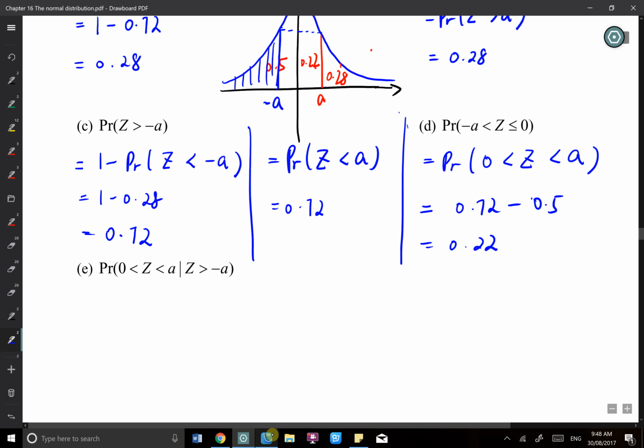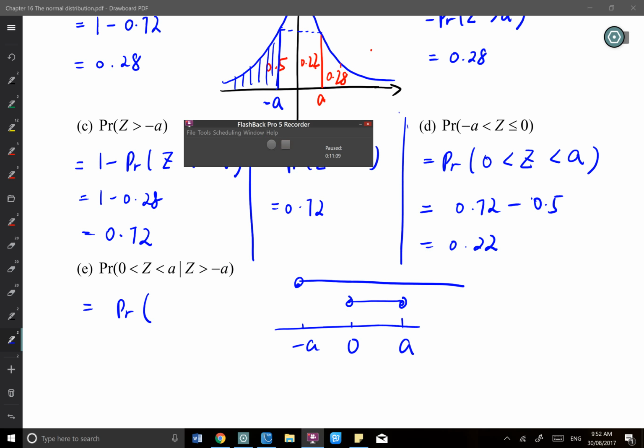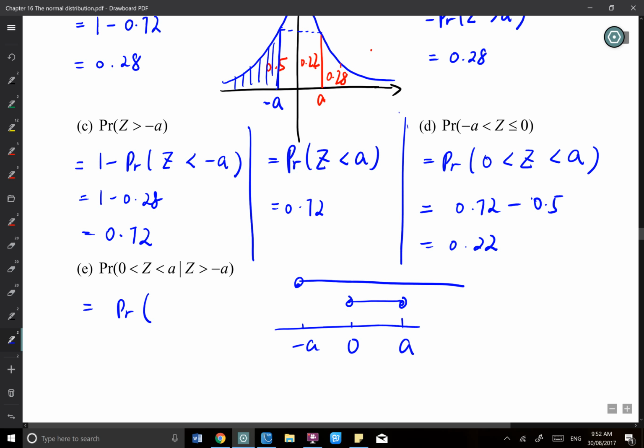Next one is z in between, given z already greater than negative a. Negative a is here, 0 is here, a is here. The intersection is still that part. The top must be between 0 and a, and the bottom is the probability z greater than negative a.